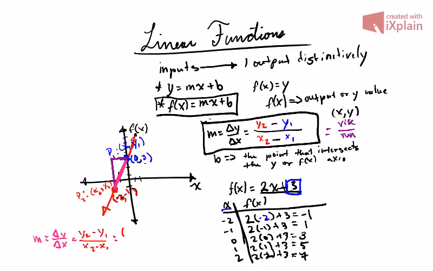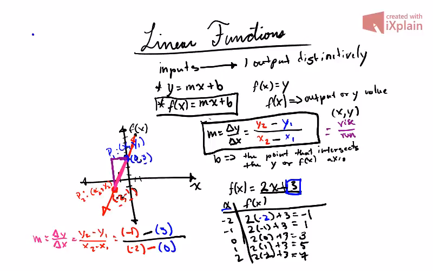I'm going to plug in the values: -1, because that's my point 2, minus 3, over -2 for the x value, minus, and it's very important you put these in parentheses, or else you're going to mess up on your multiplication rules, 0.